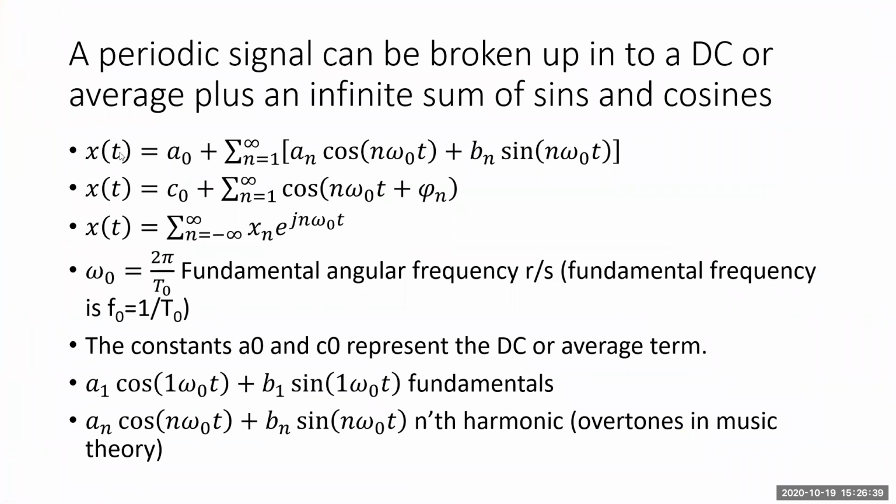So like I said before, any periodic signal can be broken up, right, into a DC offset, which may be equal to 0, and sines and cosines, or cosines with a phase.